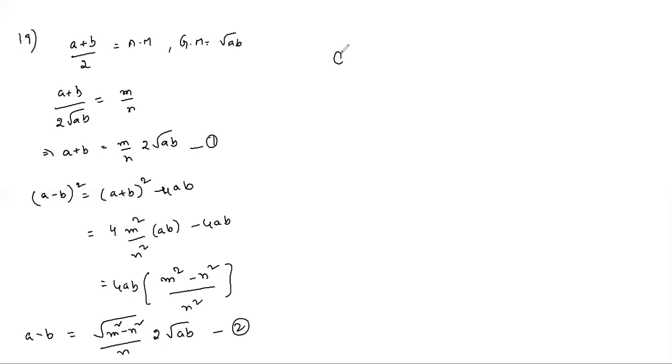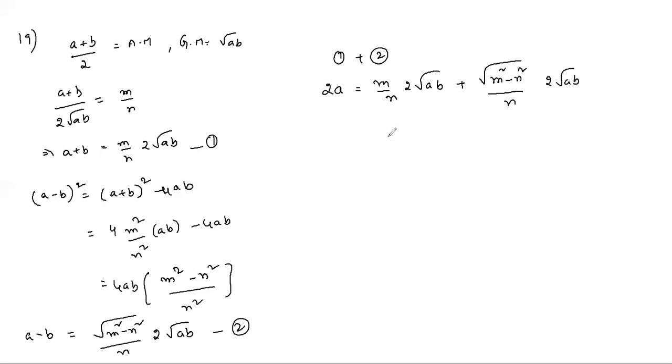Now by adding 1 and 2, A plus B plus A minus B is 2A. 2A equals M by N into 2 root AB plus root (M square minus N square) by N into 2 root AB.